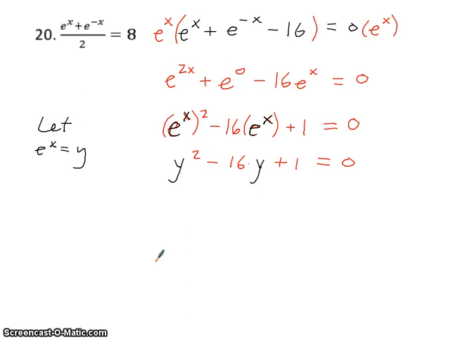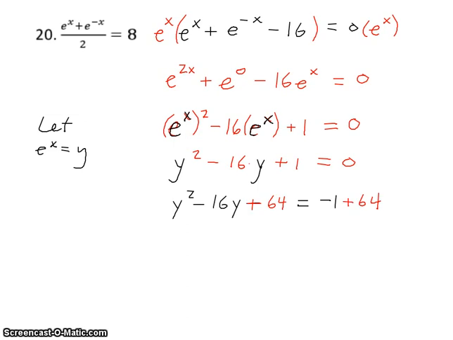At this point here, I can't factor, so I'm not going to use the quadratic formula. I'm going to go ahead and complete the square. Pull the 1 on the other side, so it's going to give us a negative 1 on the right, and take half of negative 16 to the power of 2. Okay, so we have pulled the 1 on the other side.